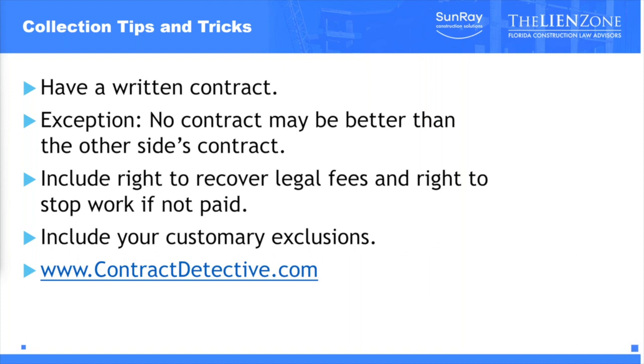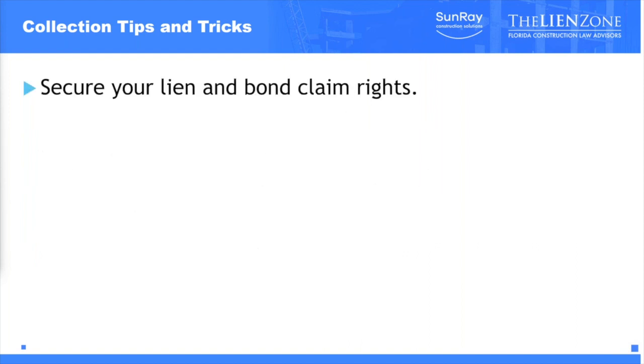So if you have questions about how to review and understand a contract, you can use the free Contract Detective tool. It will scan your contract and include links in each of those provisions with explainers on what those provisions mean. So if you want a better understanding of what liquidated damages are, you can click on the link and it will take you to a video that's about 3 minutes long explaining each of those items.